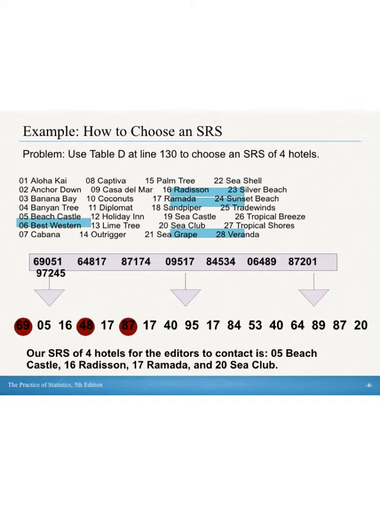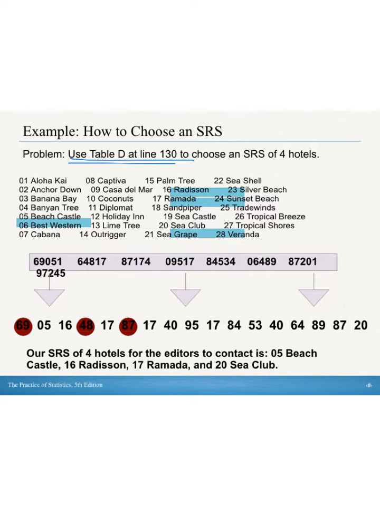We're going to look at how to choose an SRS. This one talks about using table D. We're going to use that in class and also use a random number generator a lot. But the key idea is you start by giving each item in the population that has a chance of being chosen in the random sample a number.